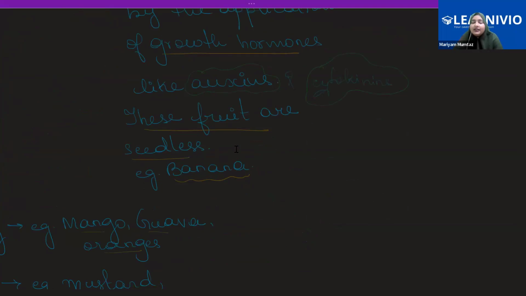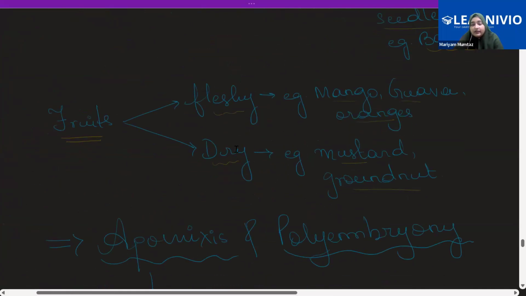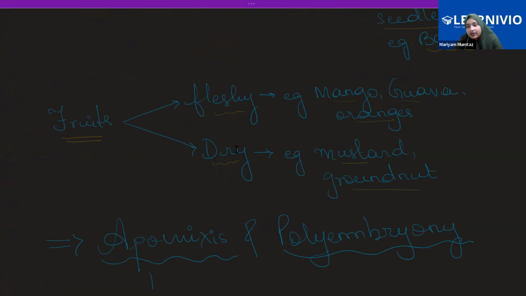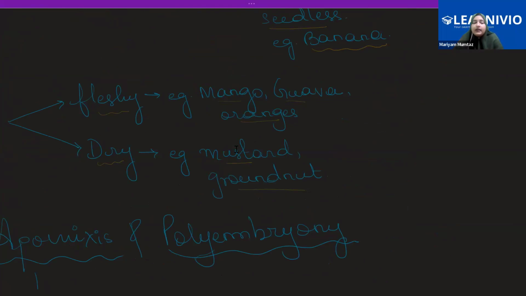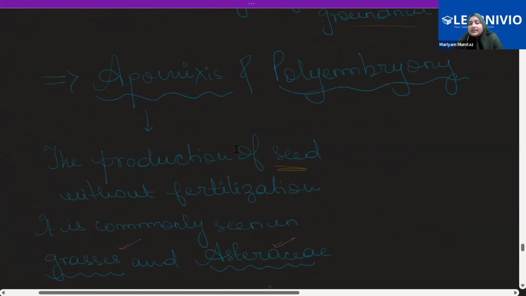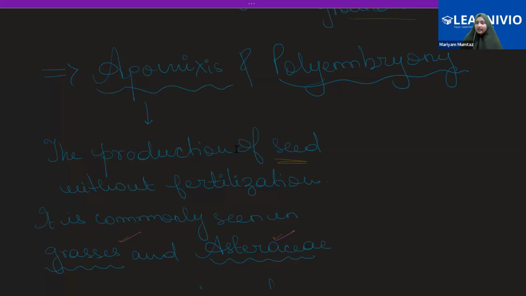So why would it have the seed present in it? Now the fruits, depending upon whether they have a lot of mesocarp or not, can be fleshy or dry. Fleshy fruits such as mango, guava, and oranges, and then dry fruits such as mustard and coconut are all there. Then we have apomixis and polyembryony. Now, apomixis is the phenomenon wherein the seed is produced without fertilization.